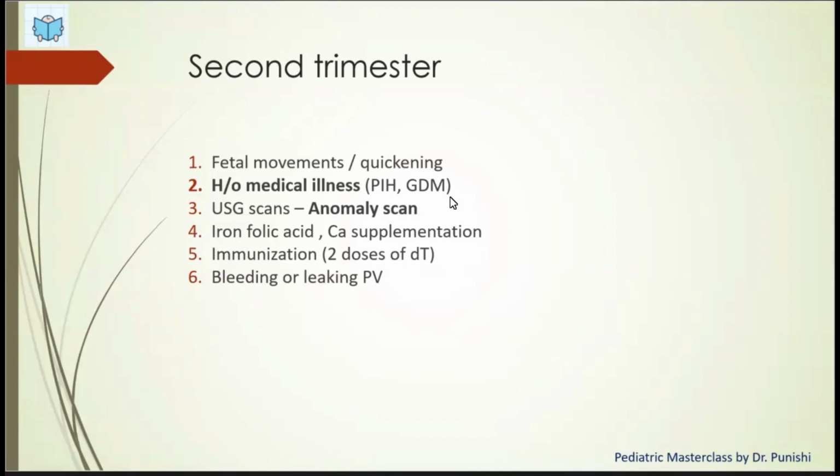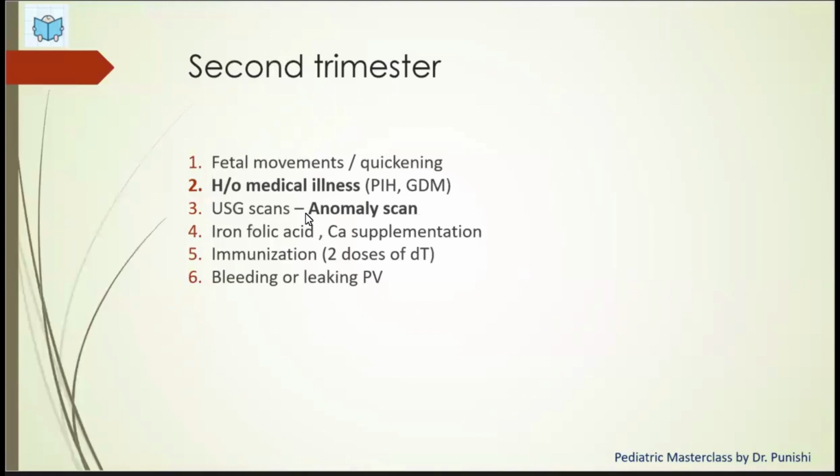And we know hypoxia is harmful to the brain. When not enough oxygen goes to the brain, it can lead to developmental delay. Maybe the child has not cried at birth, and there is hypoxic ischemic encephalopathy, which eventually leads to permanent brain damage. So ask whether there's any history of medical illness.